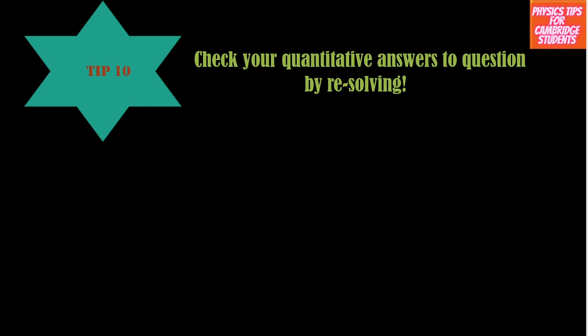Tip number 10, the last tip. Please check your quantitative answers to questions by resolving. I've already talked about this. With quantitative answers, sometimes you may forget to put one of the parameters. For instance, you have an equation like F is equal to mv squared over r.